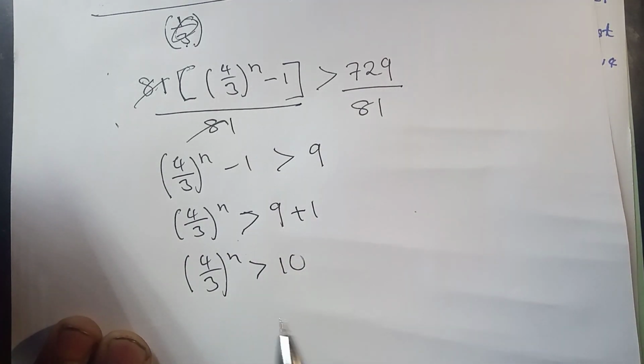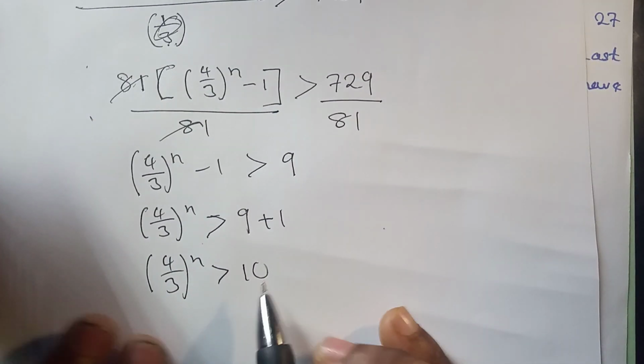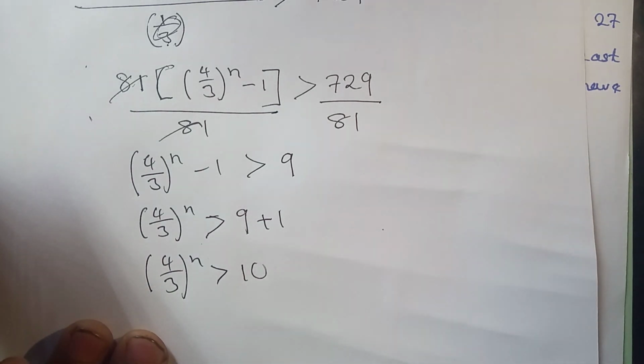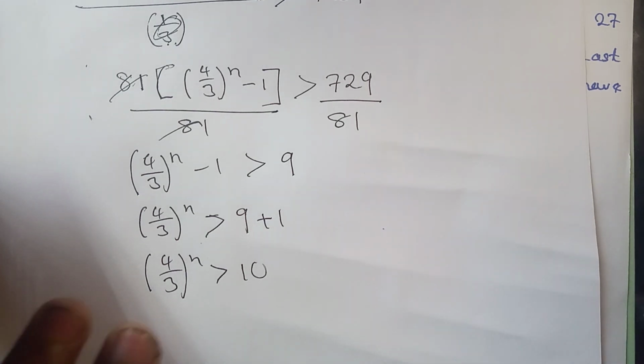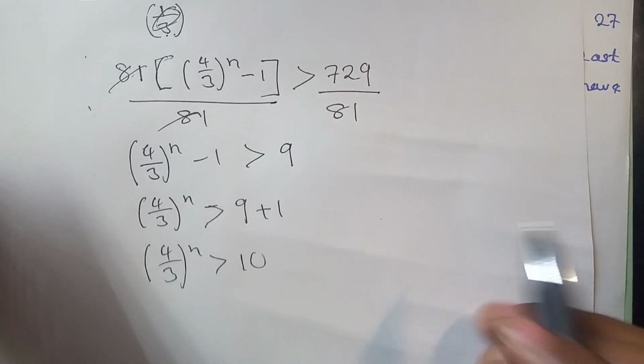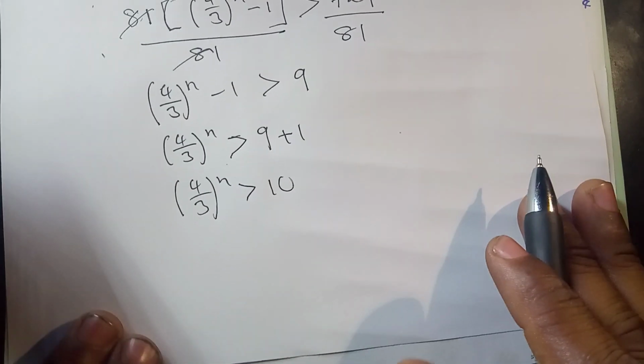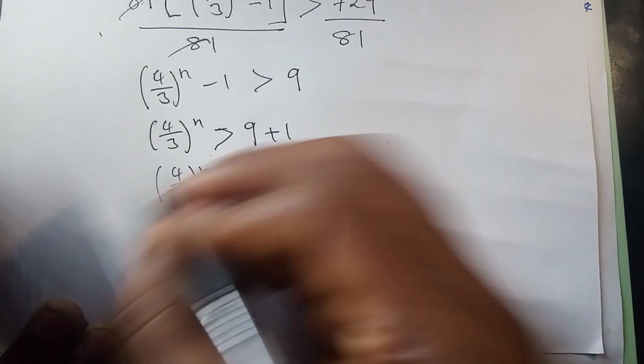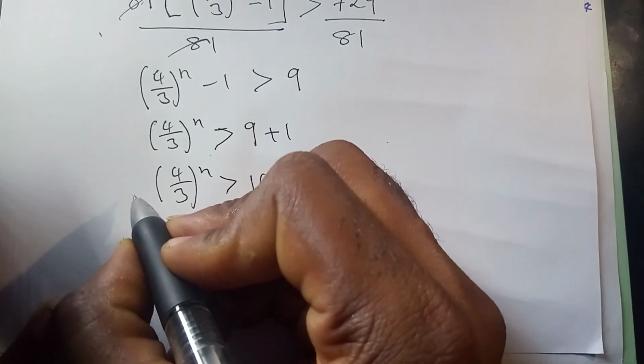So now there is no way I can write 10 in terms of 4 over 3. So in this case, I have to introduce either the natural log or the common log. So for me, I'll go for the natural log so that I can easily use my calculator.